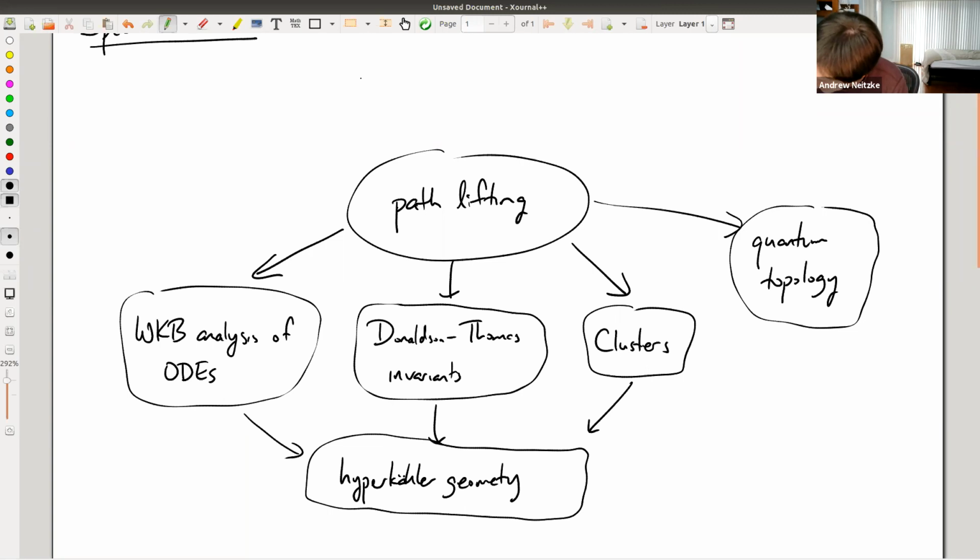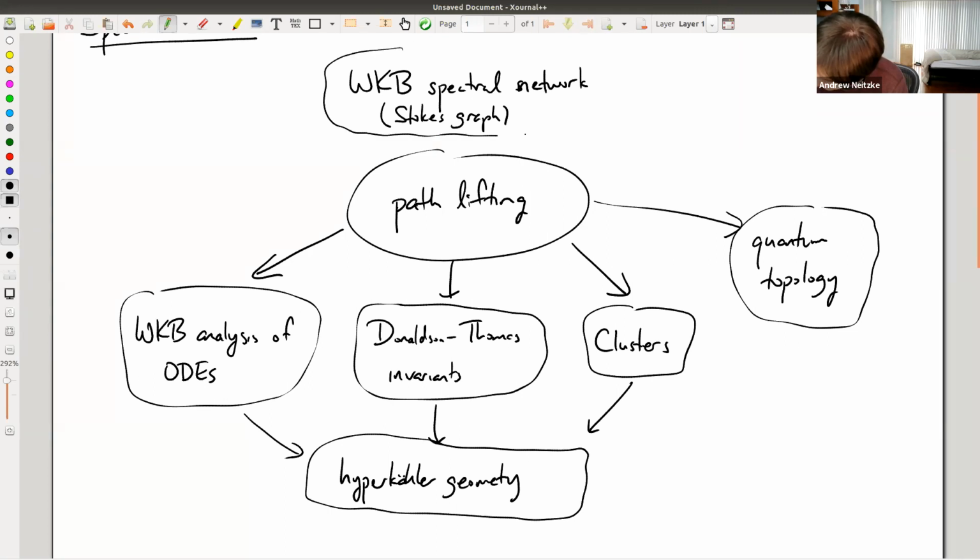So the way I want to get it is to start with some very specific object, which is called the WKB spectral network. Well, that's what we called it. It had more or less appeared earlier as the Stokes graph. And so that's going to be the flow of these lectures.